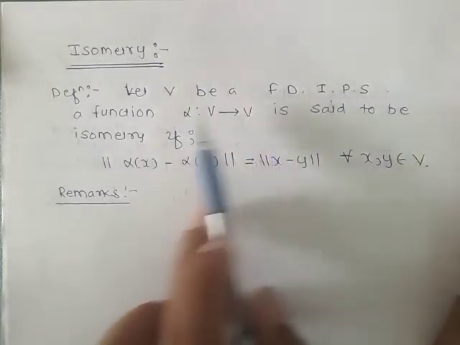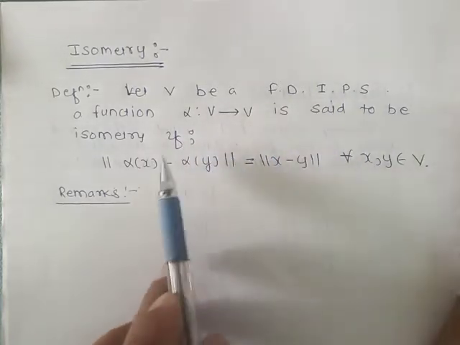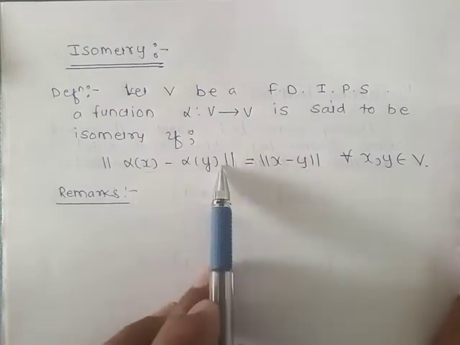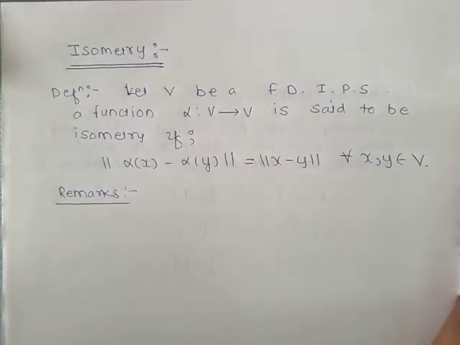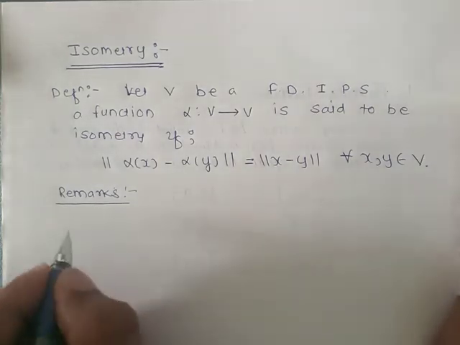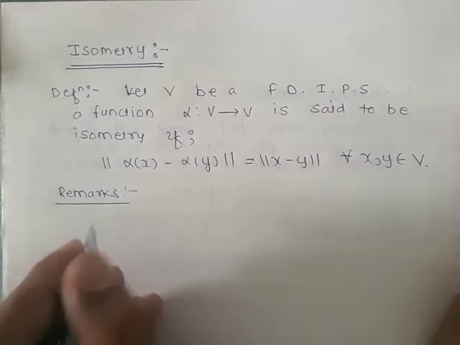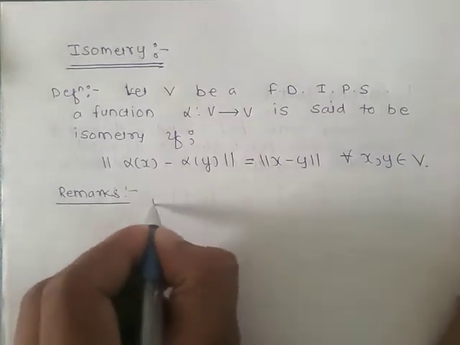The norm is usually used to calculate the distance. So first remark, an isometry is a distance preserving function.